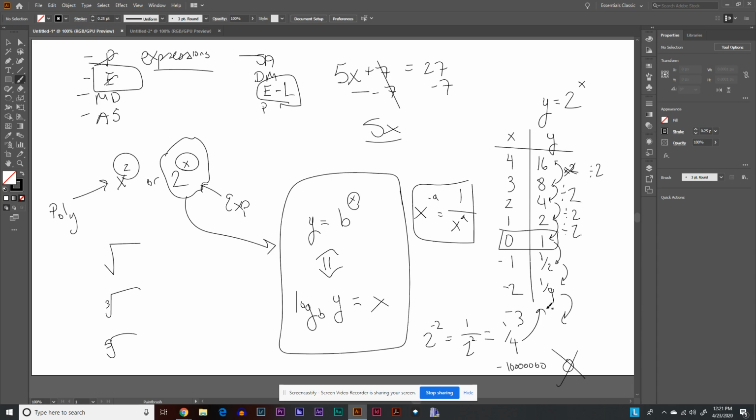We'll never hit that because every single time we're just cutting this in half, right? So by the time we get to negative 1 gazillion as our value here, then all that means is this is going to be 2 to the power of negative 1 gazillion, which is the same as 1 over a very, very, very big number, but it's still not 0. It's slightly higher than 0, right?